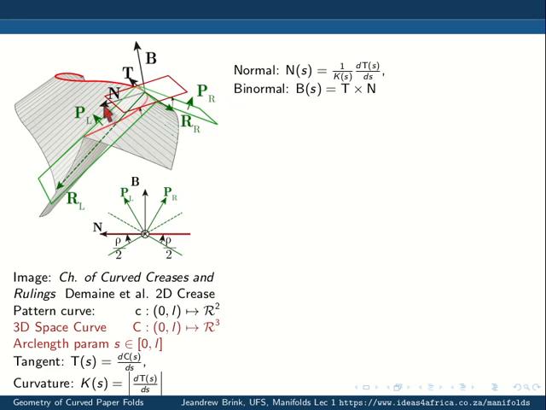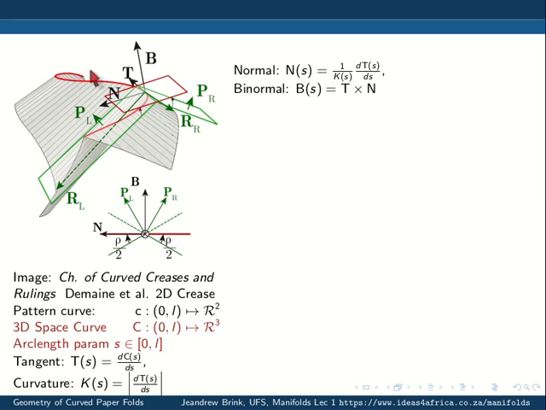And then from the tangent and the normal vector, I'm going to get this other vector that's normal to both of them and at 90 degrees. So I have my binormal that's over there. Okay, so far all this stuff is dependent just on this red curve.